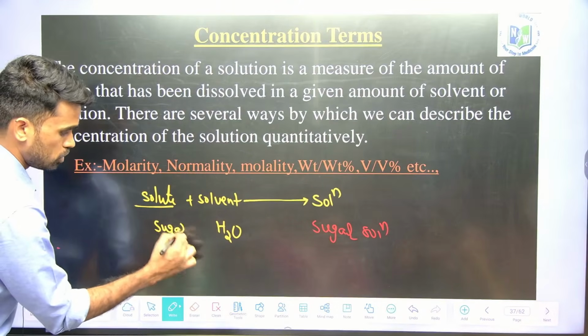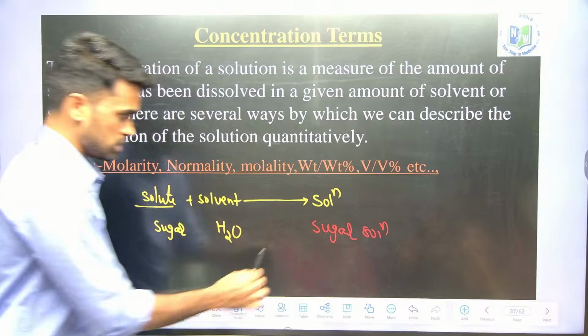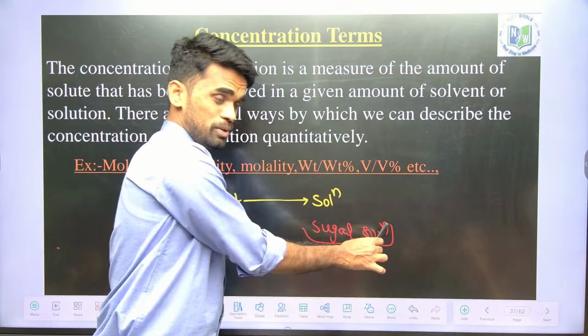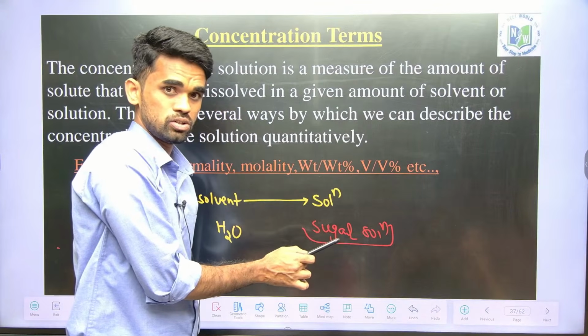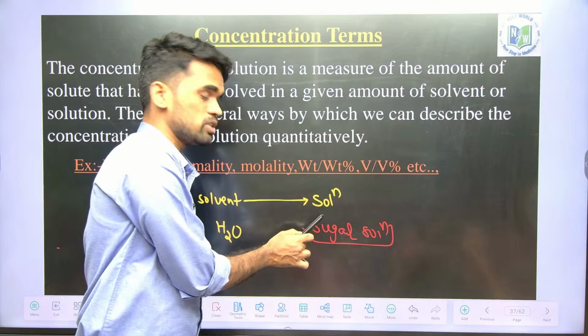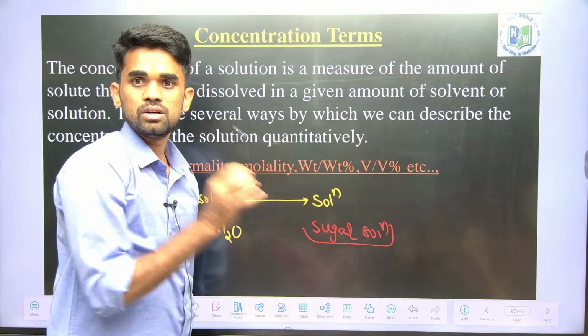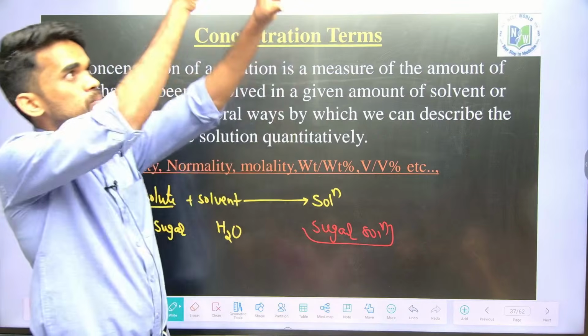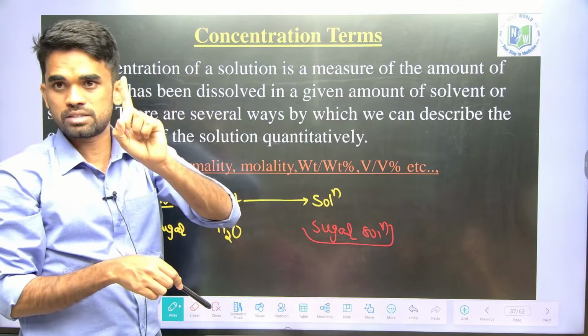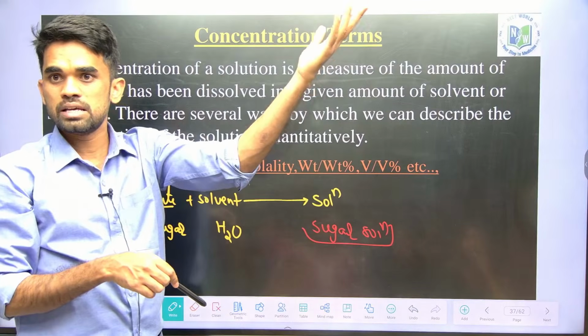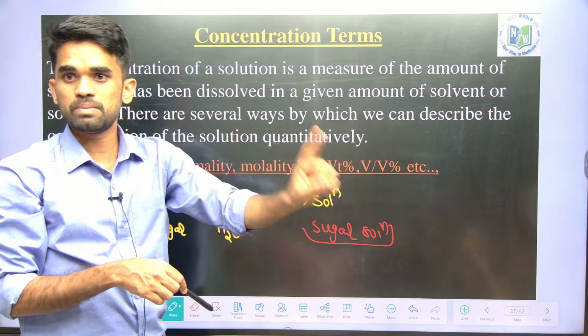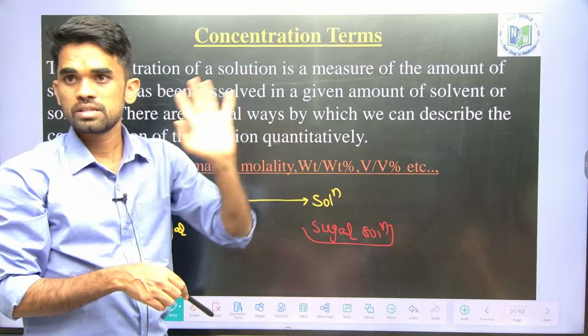Now tell me whether this sugar solution is homogeneous or heterogeneous. Whenever I say solution, it should be a homogeneous mixture. Homogeneous means a single phase. The complete solution should have only one phase. It can be gaseous, solid or liquid phase, but completely it should be a single phase.